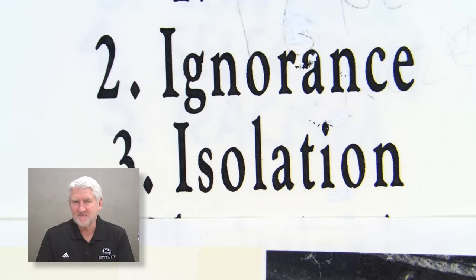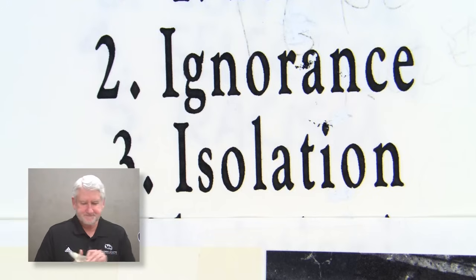Slave owners found out that if they could convince the slaves that the plantation was like an island, coming from the Latin word isola, thus the word isolation, then the slaves would be nervous about leaving, or very nervous about doing anything that would cause the plantation owner to be less benevolent, because he controlled everything in their world. They depended on him for everything. Isolation, another very effective tool in controlling slaves.